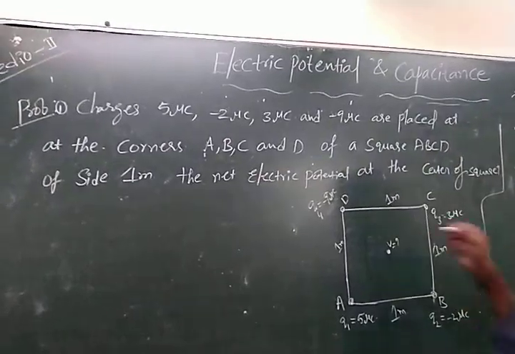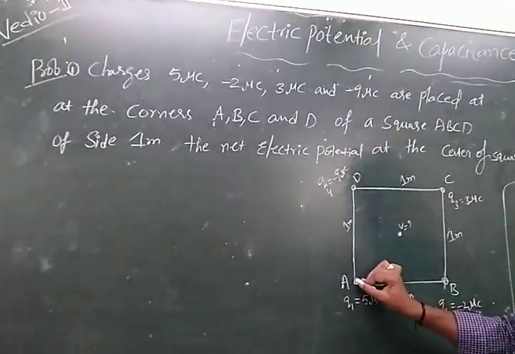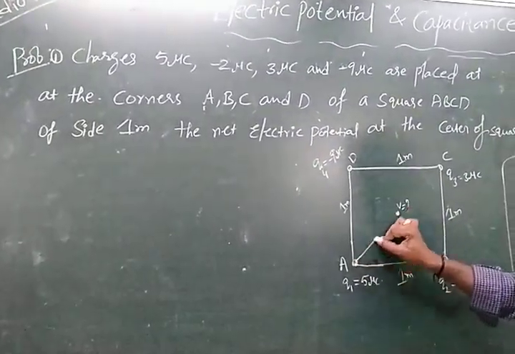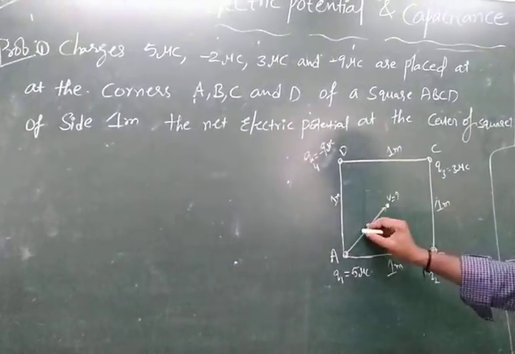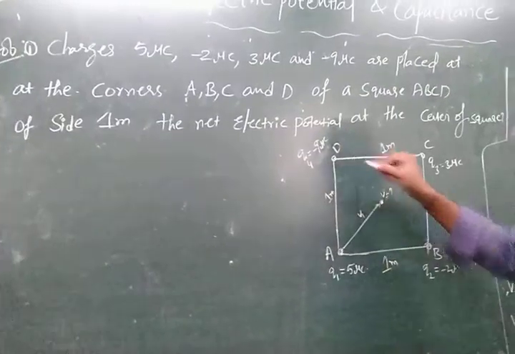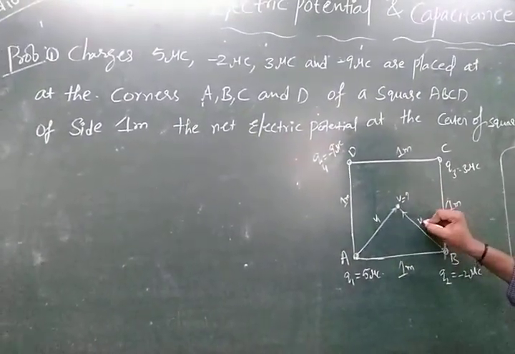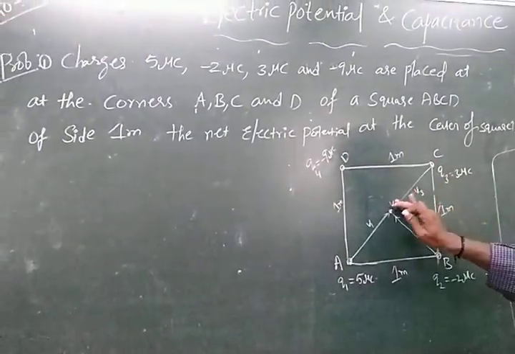Now we can find the potential at this point. What is the potential at this point? Potential is nothing but work done. Work done to bring a test charge from infinity to the given point. That is the potential at this point, V1. Here the work done to bring a test charge from here to this point is V2. Next, here to this point, this is V3.